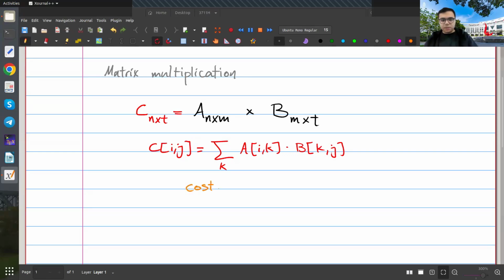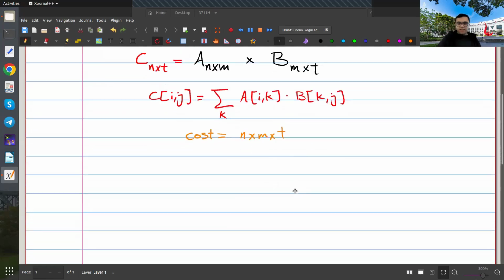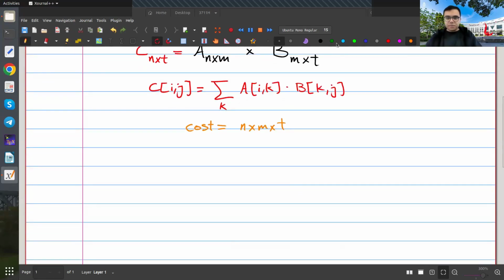So the number of multiplications that I'm doing, or the number of operations that I'm doing, is basically n times m times t. Okay. Now imagine that I have a chain of matrices instead of just two matrices. Let's say I have many different matrices and I want to multiply them. So for example, let's say I have a matrix A, and this matrix is 10 by 100.